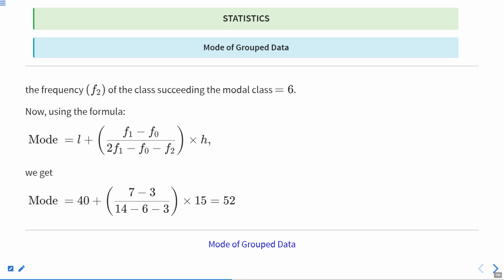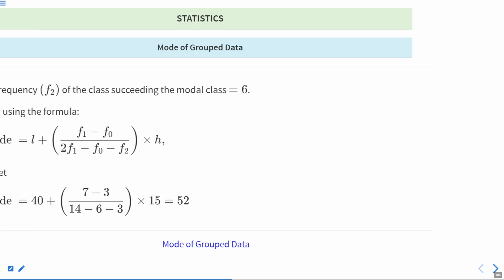If we substitute these values in the formula, mode is equal to l plus (f1 minus f0) divided by (2f1 minus f0 minus f2) times h, we get 40 plus (7 minus 3) divided by (14 minus 6 minus 3) times 15, which is equal to 52.